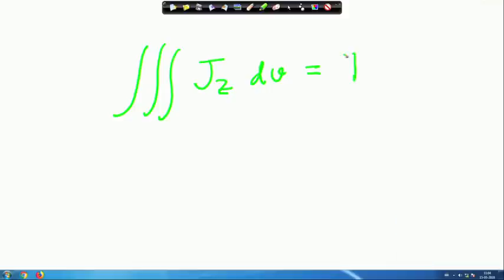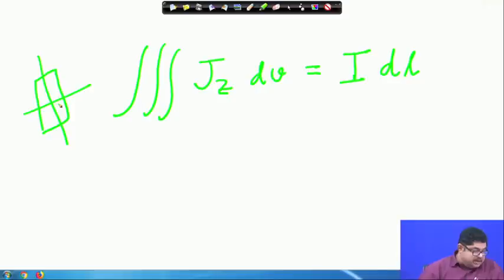We have seen that this term is nothing but, because I have only a current element IDL, volume-wise if I integrate, I will get IDL. So, this term I already got.